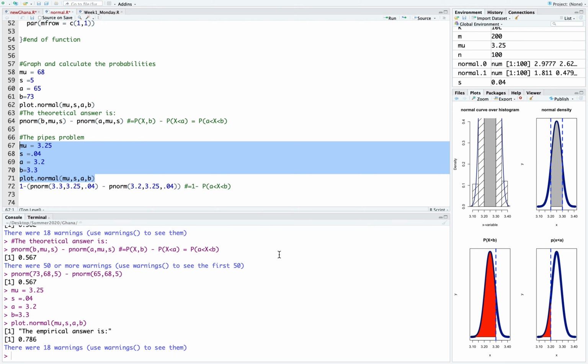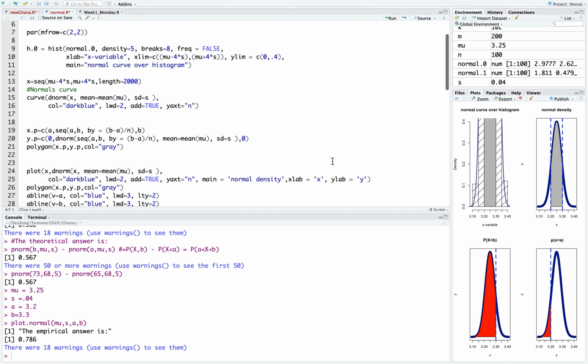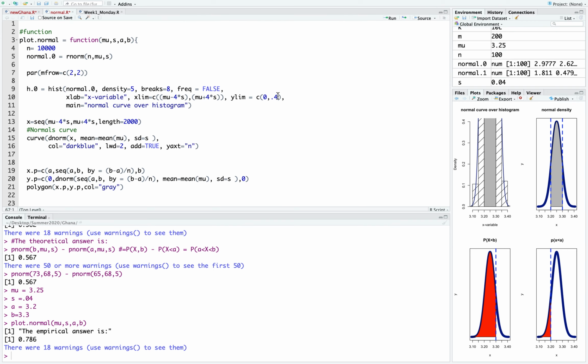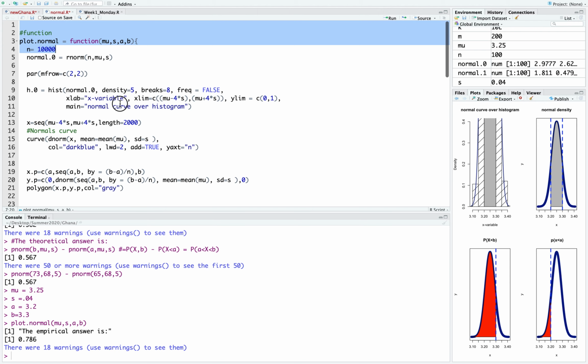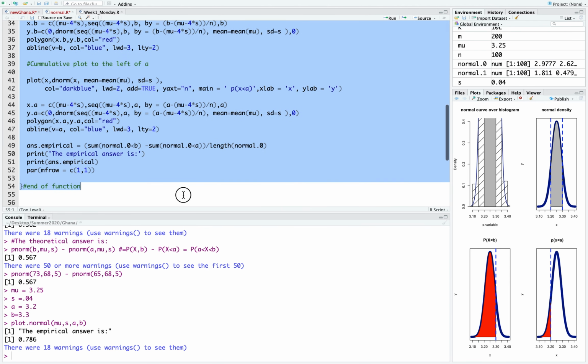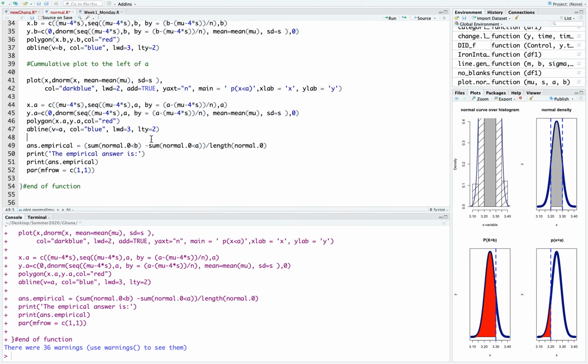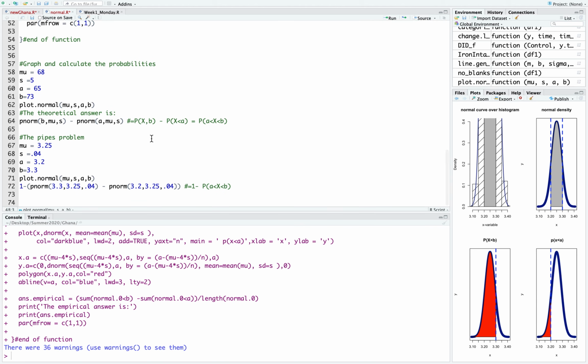I have some warnings, and one thing is that I'd like to make that a little bit bigger, so I need to resize my graph, which isn't an automatic command, which does defeat the purpose of a function, so I apologize there.